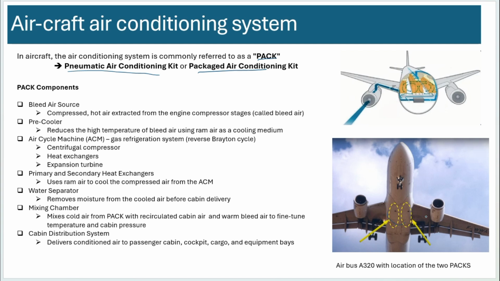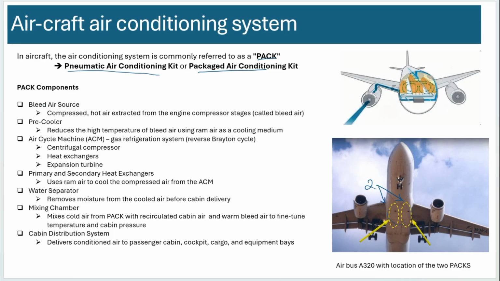It's usually behind the engines and near the root of the wings. Okay, and typically most large aircrafts have a minimum of two PAC units. Okay, there will be two such units, and those PAC units have several components.